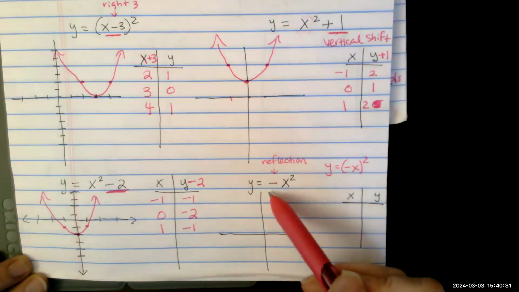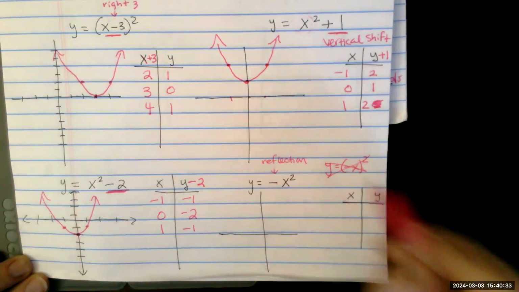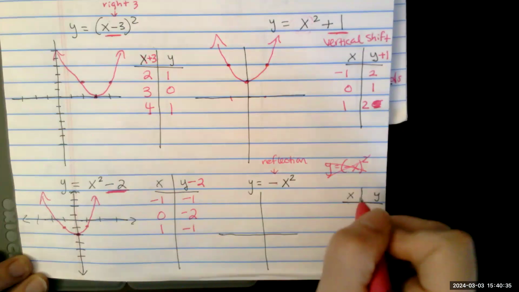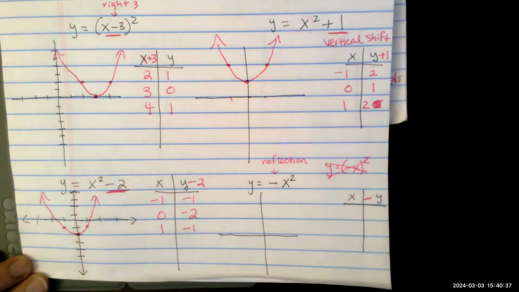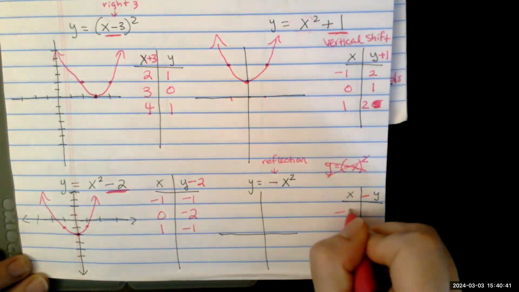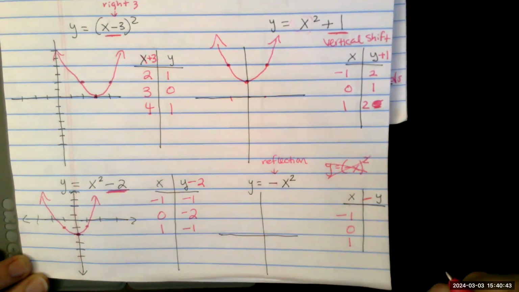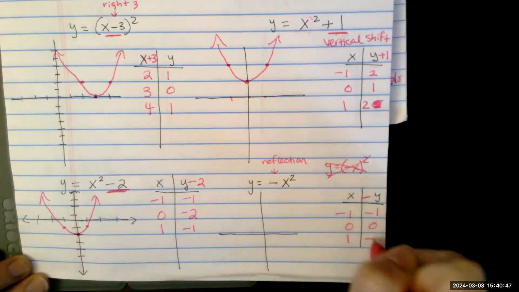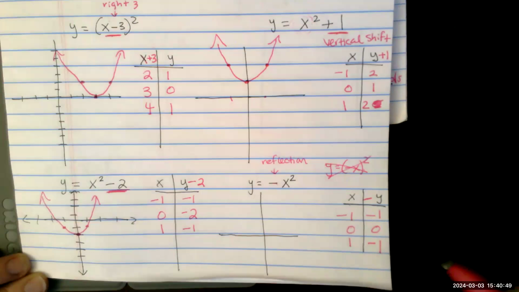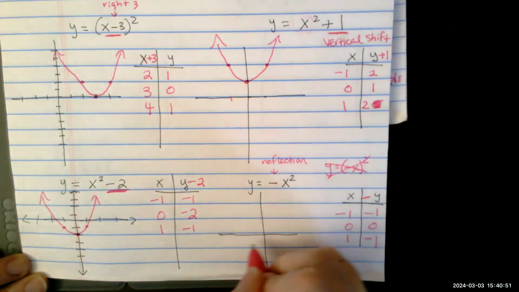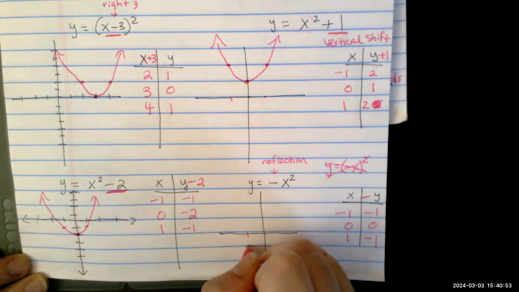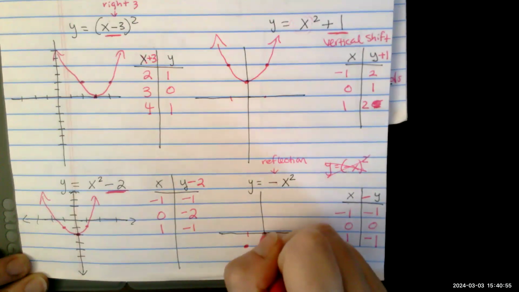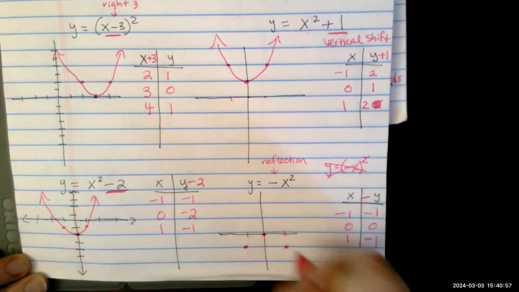You see the difference? So we'll see that in a second, but right now that is outside. So outside affects the y. So if I plug in my points, the x's stay the same, but the y's will all become the opposite of whatever they were before. So here are my points. So -1, -1, 0, 0, 1, -1.